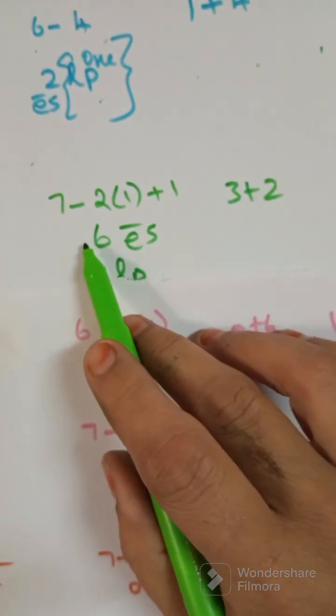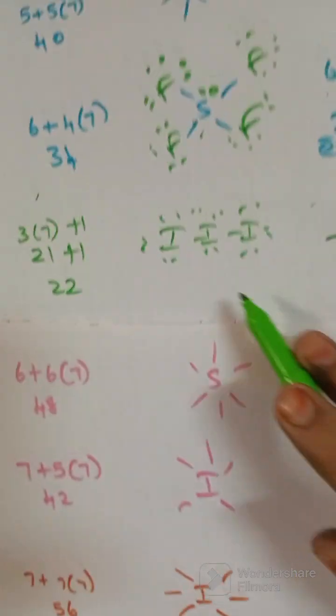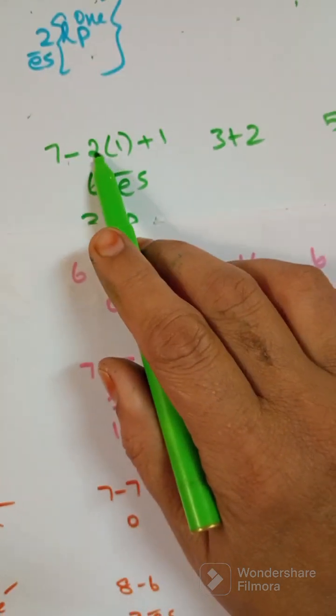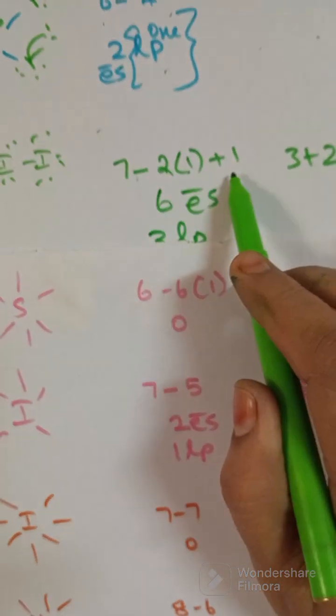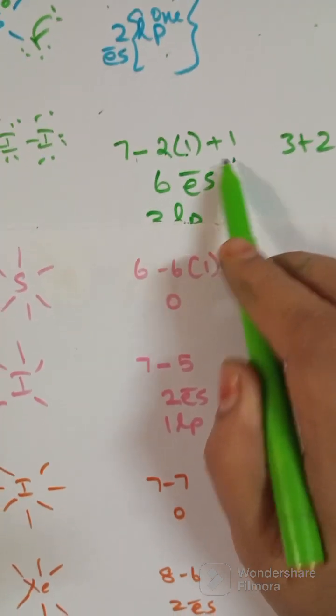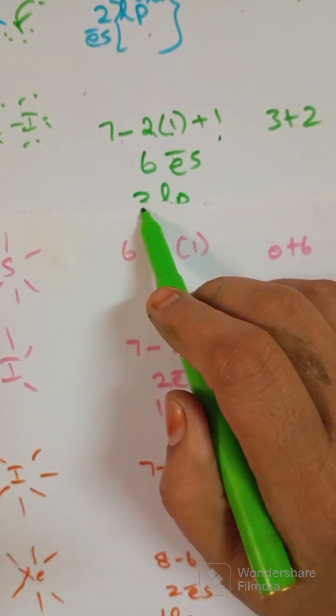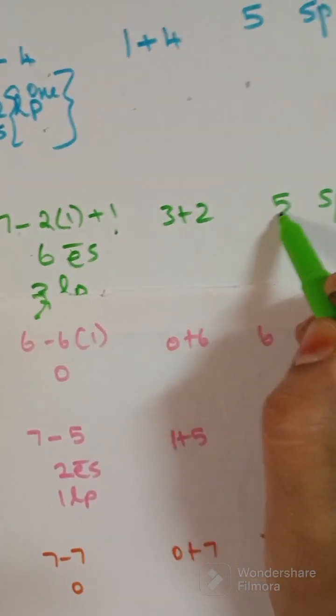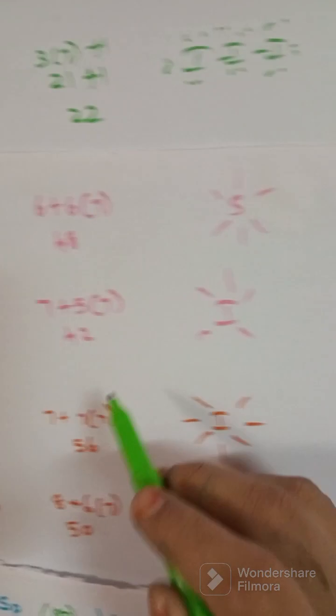So the structure will be like this. Lone pairs will be group number minus number of surrounding atoms into valency plus 1 because it's an anion with 1 charge. So 6 electrons, that means there are 3 lone pairs. So hybridization is 3 plus 2, 5, sp3d.